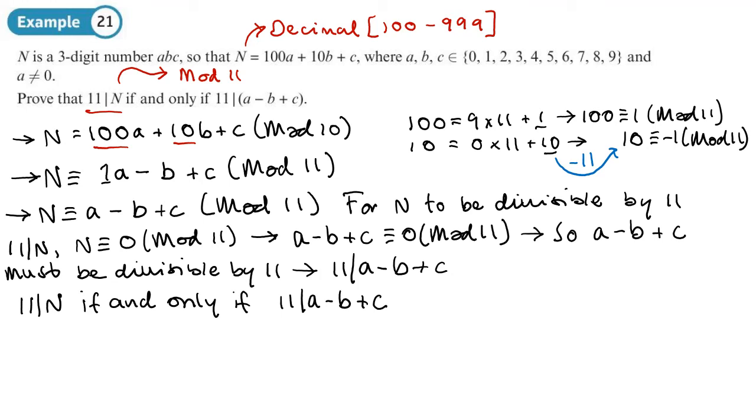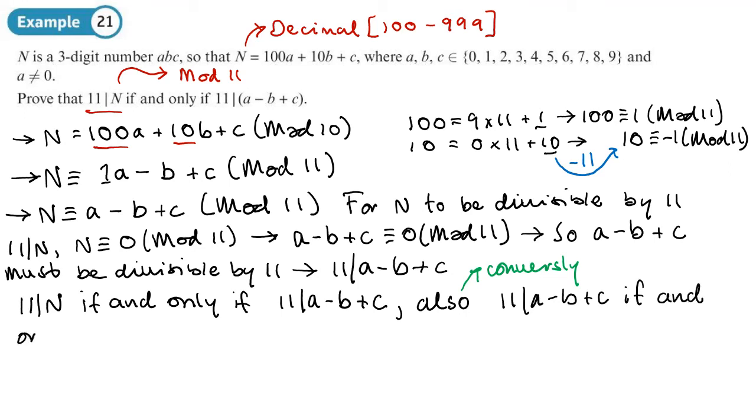We can just say also, or you might use the word conversely, which means going backwards. So also 11 divides a minus b plus c if and only if 11 divides n.